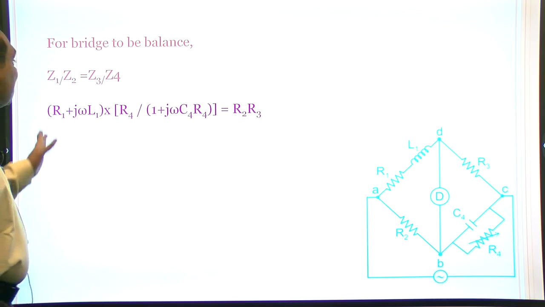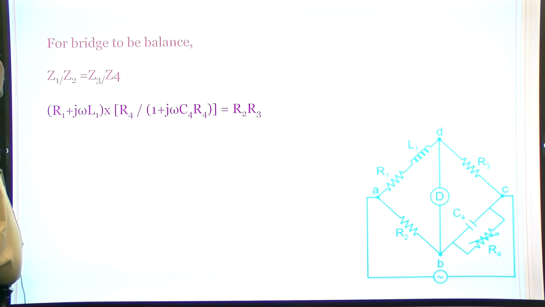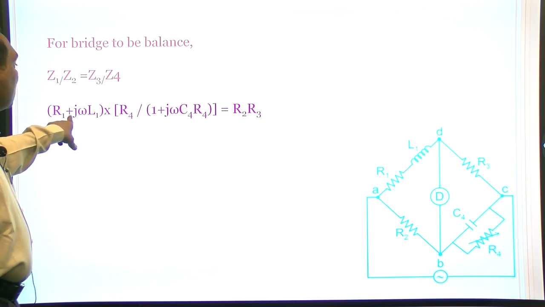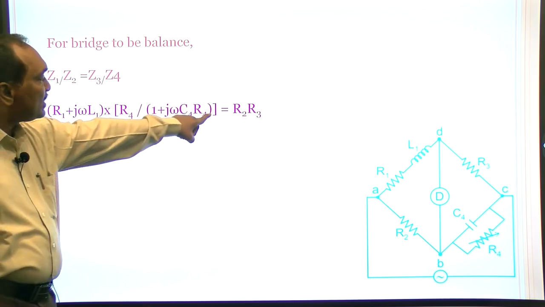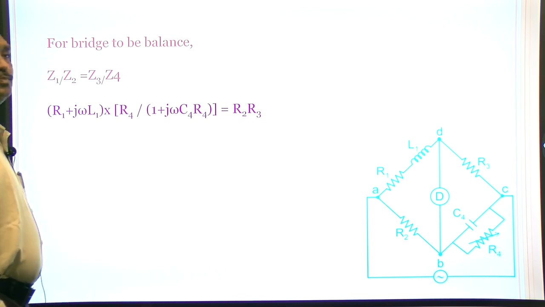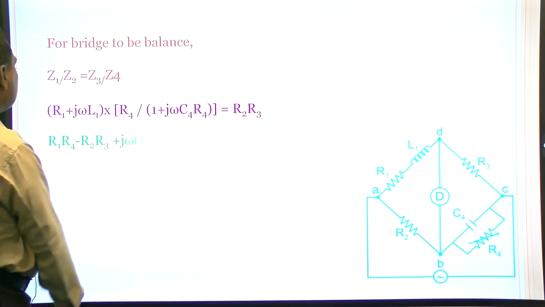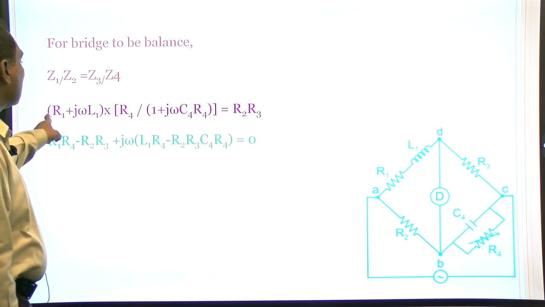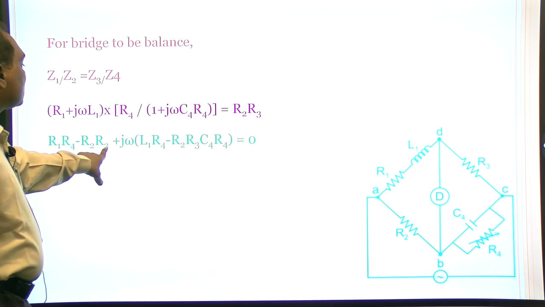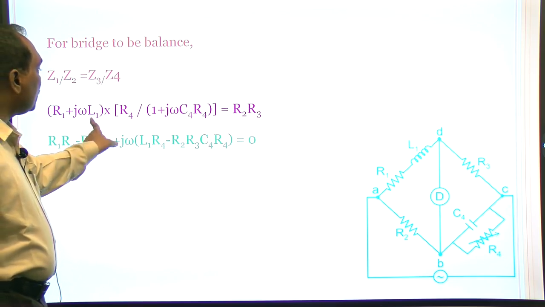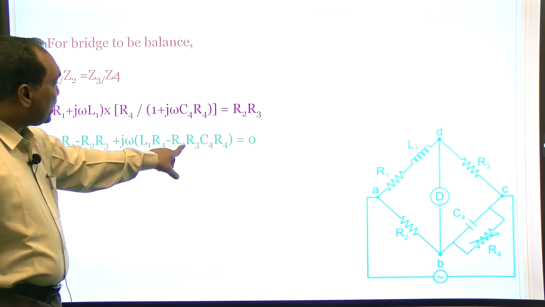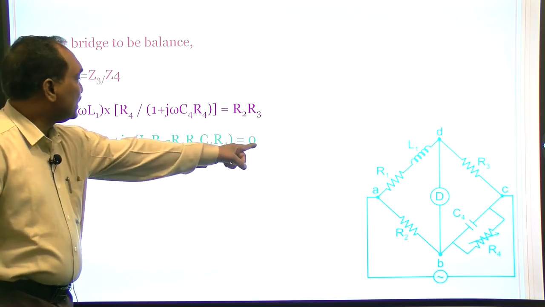When we substitute the values of Z1, Z2, Z3 and Z4 into this equation and simplify, we get R1 R4 minus R2 R3 plus j omega into L1 R4 minus R2 R3 C4 R4 is equal to 0.